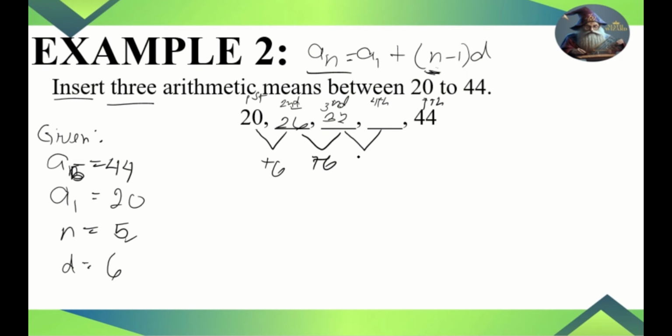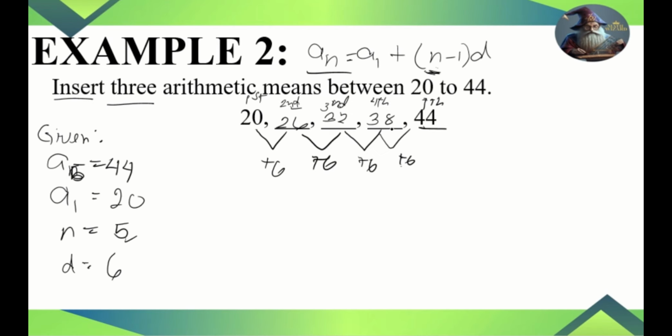And then 32 plus 6, 38. And checking natin, 38 plus 6, kapag dinagdagan mo yung 38 ng 6, the answer is 44.